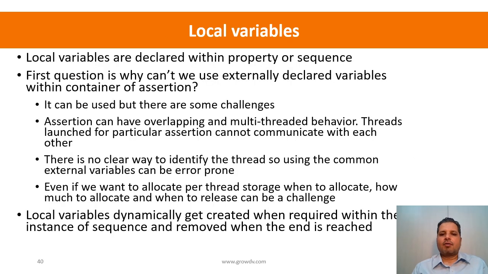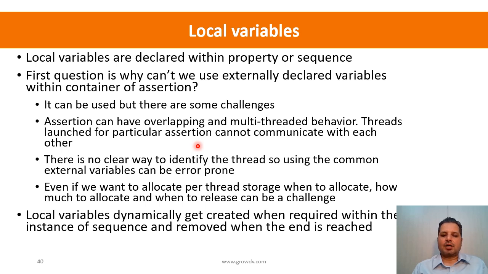So far we have looked at using the signals as a part of assertions, and those signals were typically some of the interface signals that we looked at, or the signals of some microarchitecture. But we can also use the variables that are present within the container of assertion.